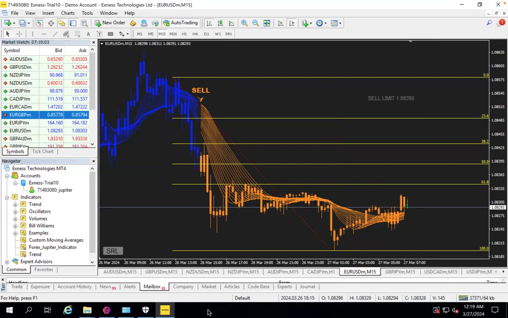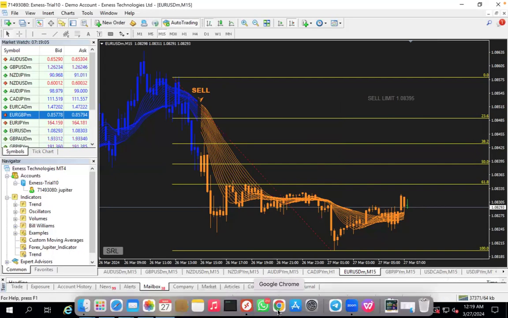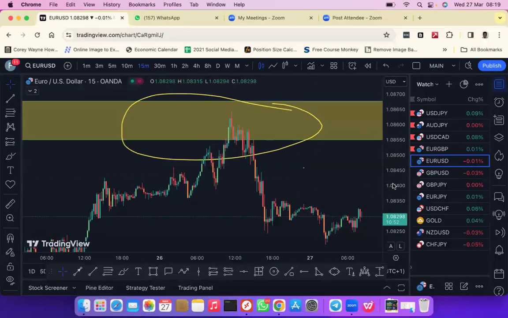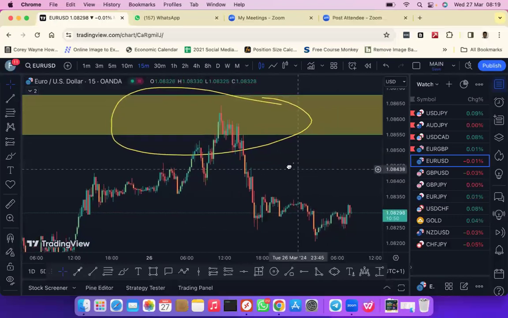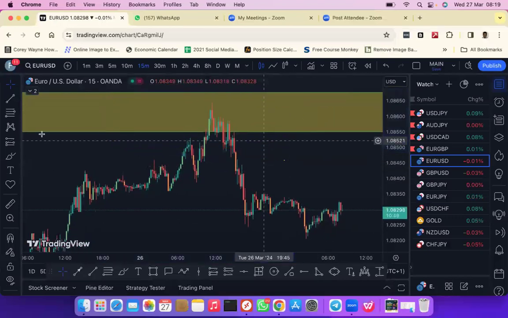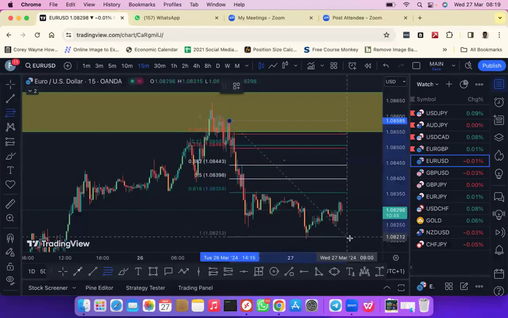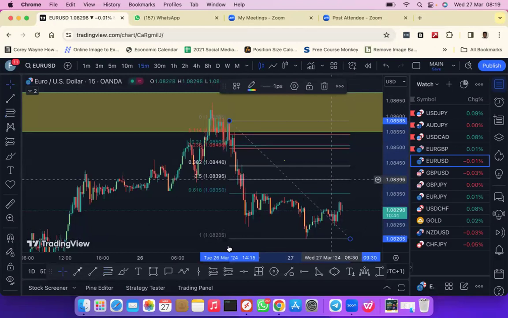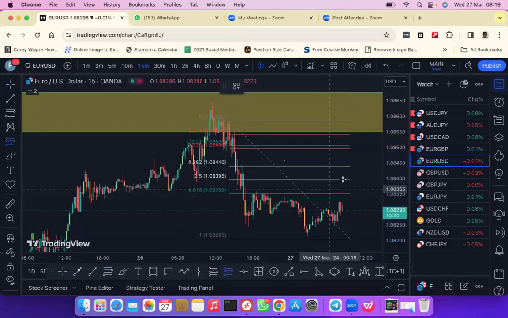So let me go back to TradingView since we already have this. All right, so this is what I'm waiting for, guys. Let me show you. From here to here, like so. This 50%. So I'm looking to sell from here.